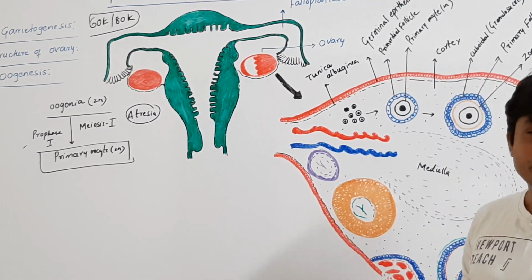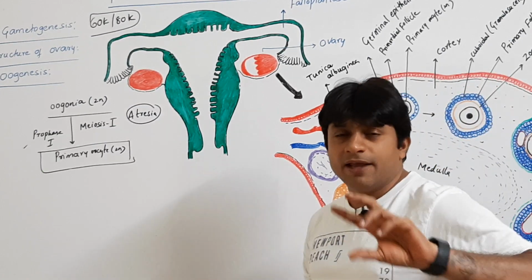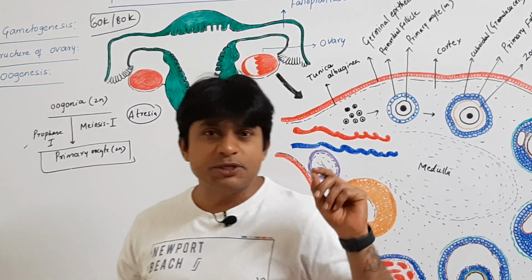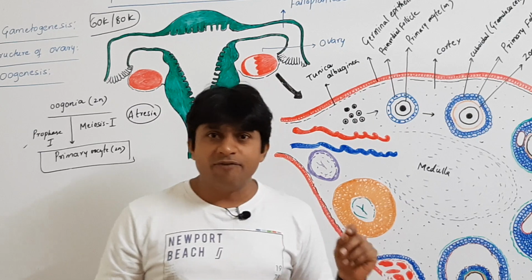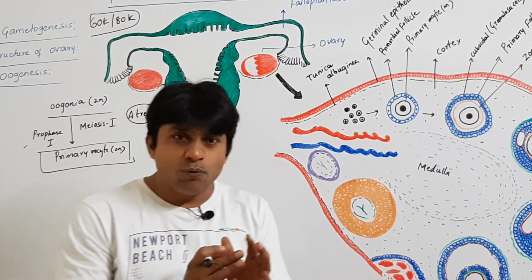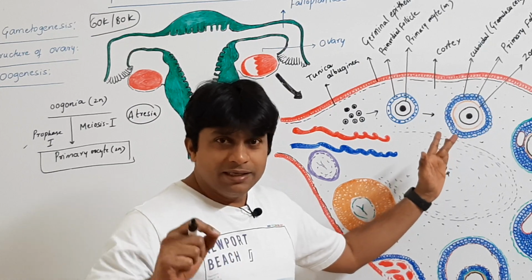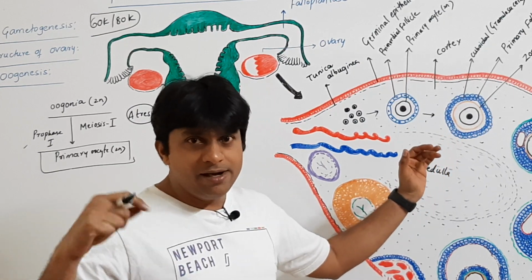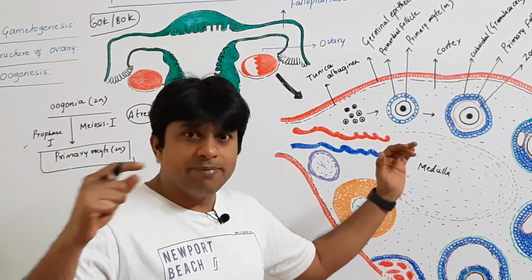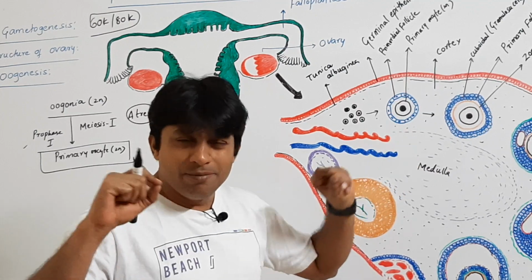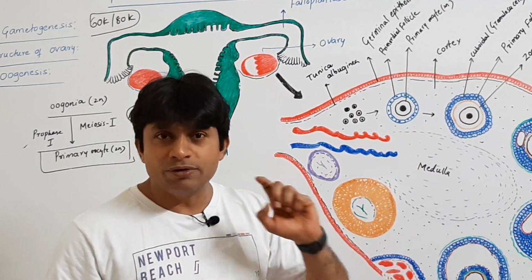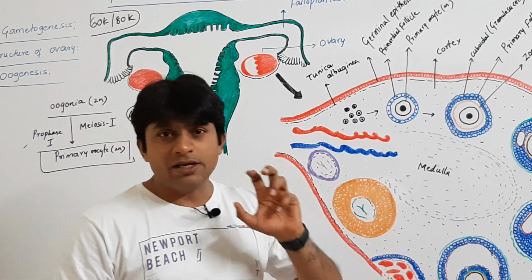You might already have studied that the hypothalamus stimulates the pituitary to release gonadotropins like follicle stimulating and luteinizing hormones. We'll study their role in detail in the menstrual cycle. First, in brief, we'll talk about these two hormones.